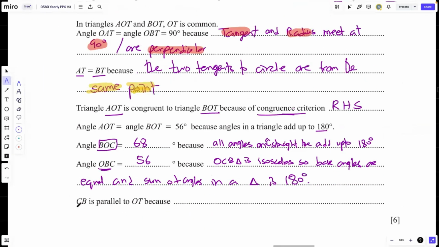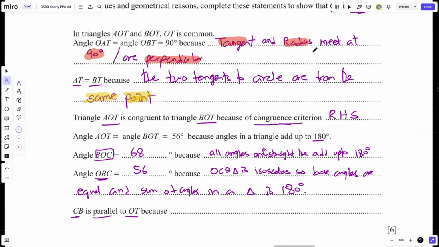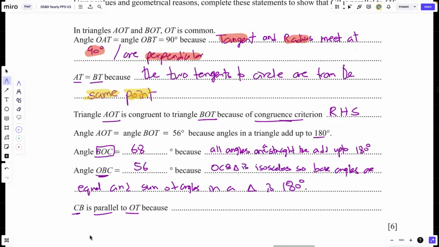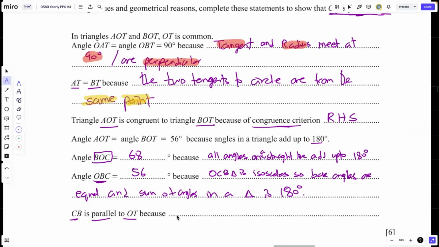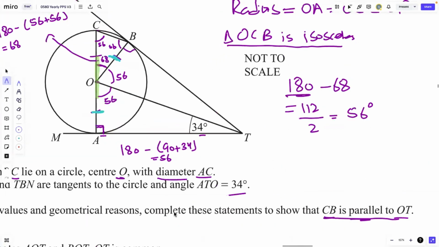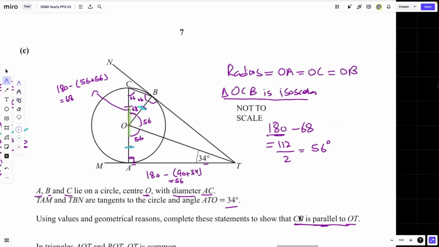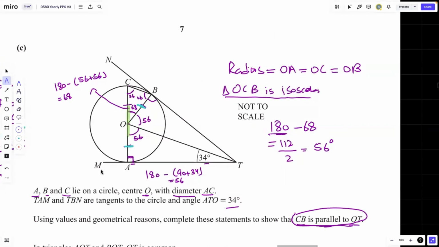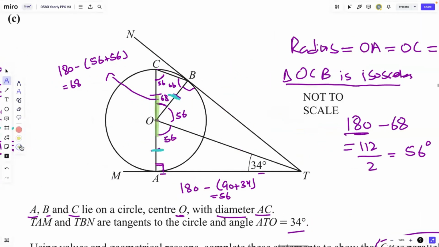And lastly, the last portion: CB is parallel to OT, finally what it started with. As to why they are parallel, we initially ignored this, but let's look at this condition, what they're trying to prove here. So we have this as CB and this as OT.